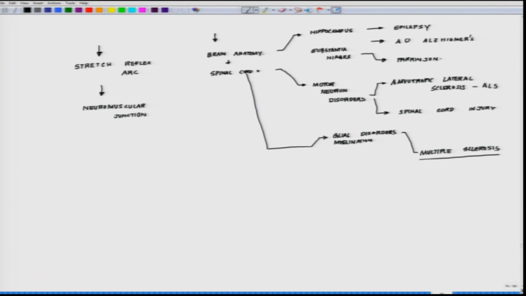And in this whole process, talking about brain anatomy, the most emergent or evolving property is memory and its models.